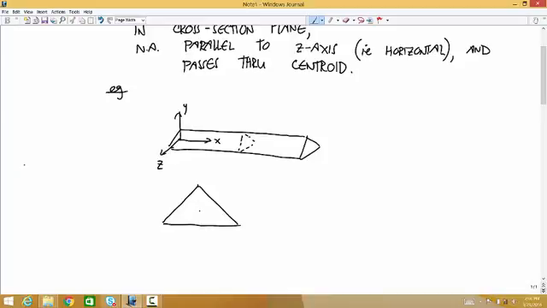Where's the centroid on this shape? It's 1/3 of the way from here down that edge, and 1/3 of the way from here down that edge. So there's the centroid. It's 1/3 of the way down there and 1/3 of the way down there.